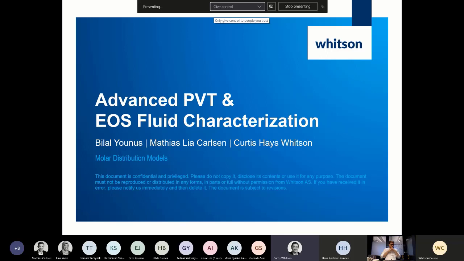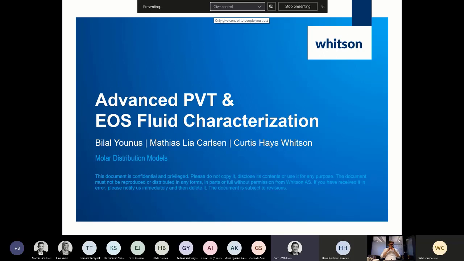I was in the area and he asked me to drop by for a day to look at what he'd done and to discuss it. Before lunch, we went through the data and looked at the equation of state predictions. Everything looked great. And then he showed me the tuning parameters of how much he had changed the critical properties of the C7 plus components, TC, PC, acentric factor.